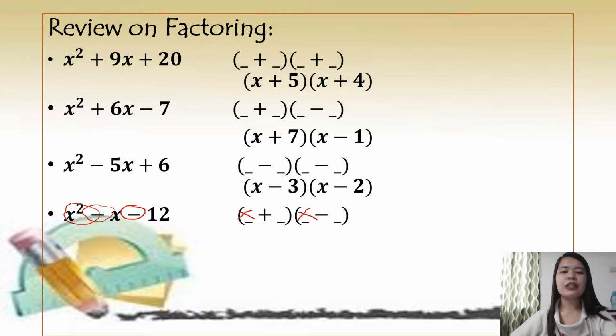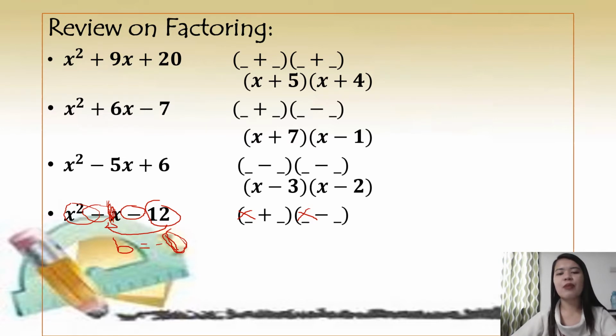Next, what are the factors of 12 that when you subtract them from each other will result in 1? Why 1? Because there is an invisible 1 there. The coefficient of our linear term is 1, or the value of our b is negative 1. So it means 1 should be the answer when you subtract the factors of 12.